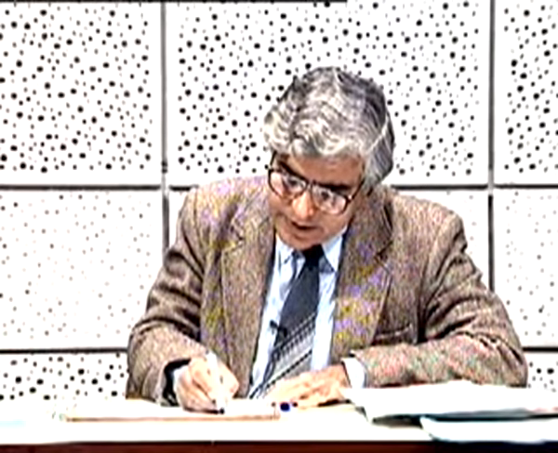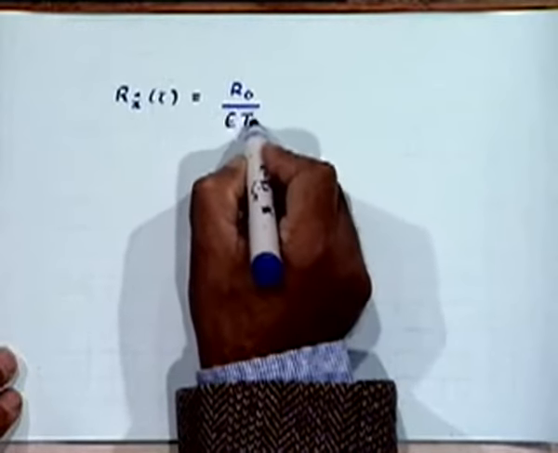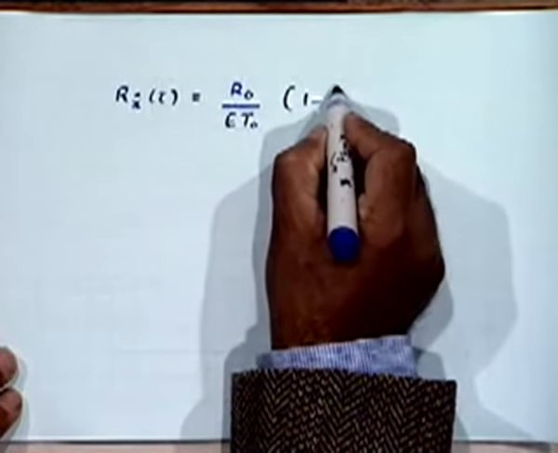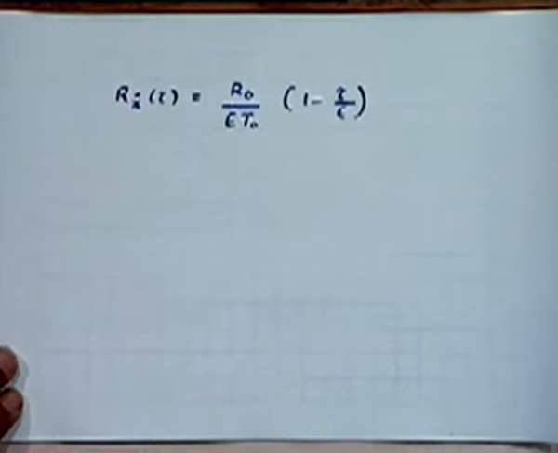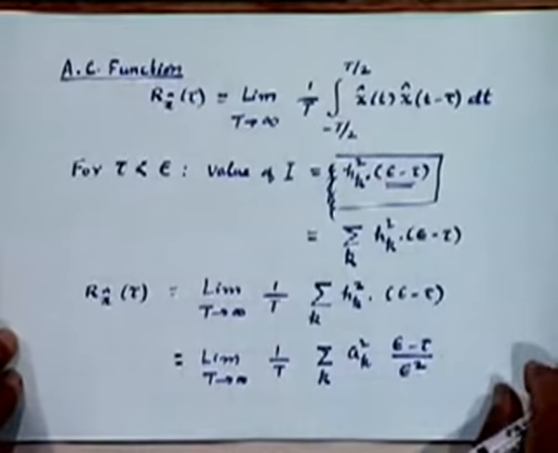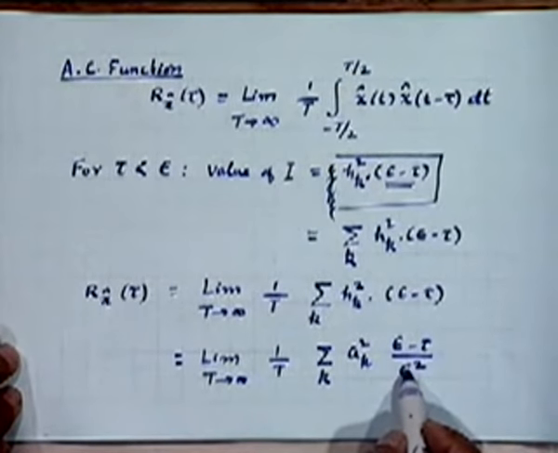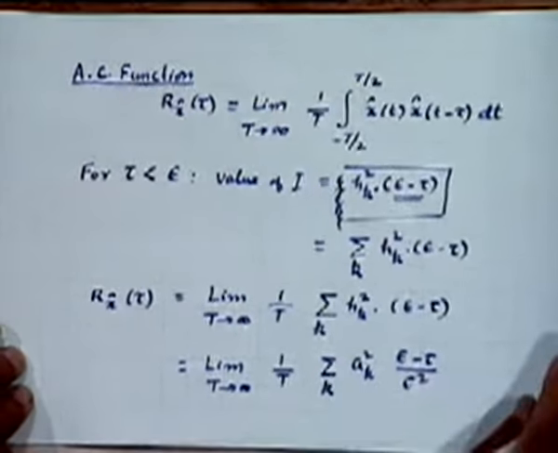Or further, we can write r x hat tau equal to r sub 0, which I'll define in a minute, upon epsilon T0 into 1 minus tau by epsilon, where, let me just quickly get back. That's difficult to see. Let's see like this. This epsilon square I'm taking outside, so that gives you this expression 1 minus tau by epsilon.